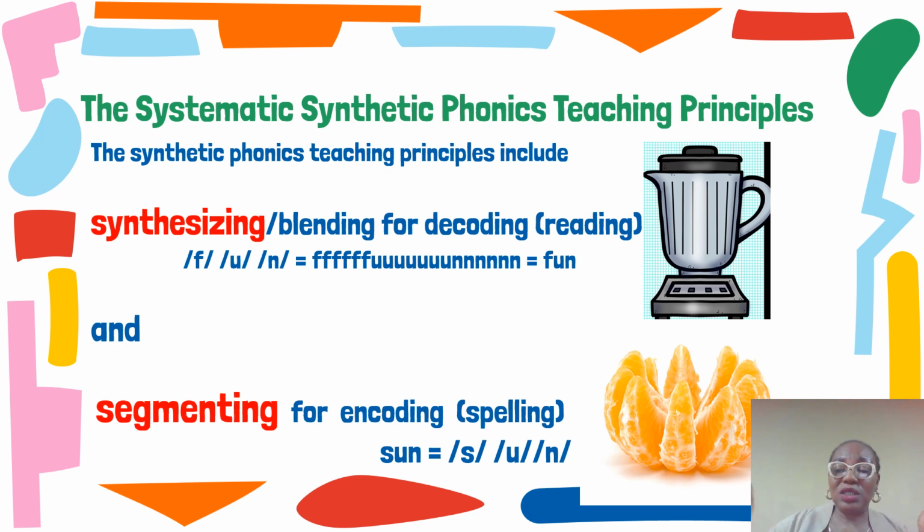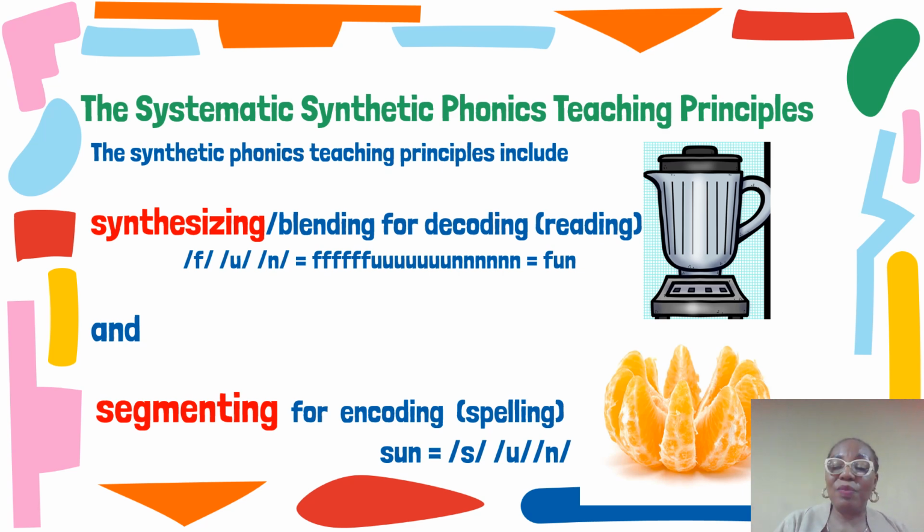You sound each individual sound in the word, and then you blend them, you run them together, like I've tried to demonstrate with the letters here. You go something like, fun. And then segmenting involves taking the sounds apart. You hear a word and then you're able to take out the individual sounds that are in the word, and that skill is necessary for spelling.